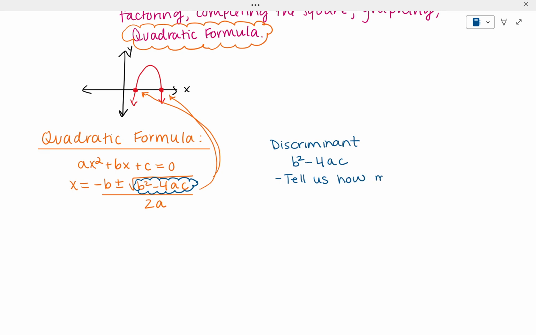How many real solutions there will be for x.